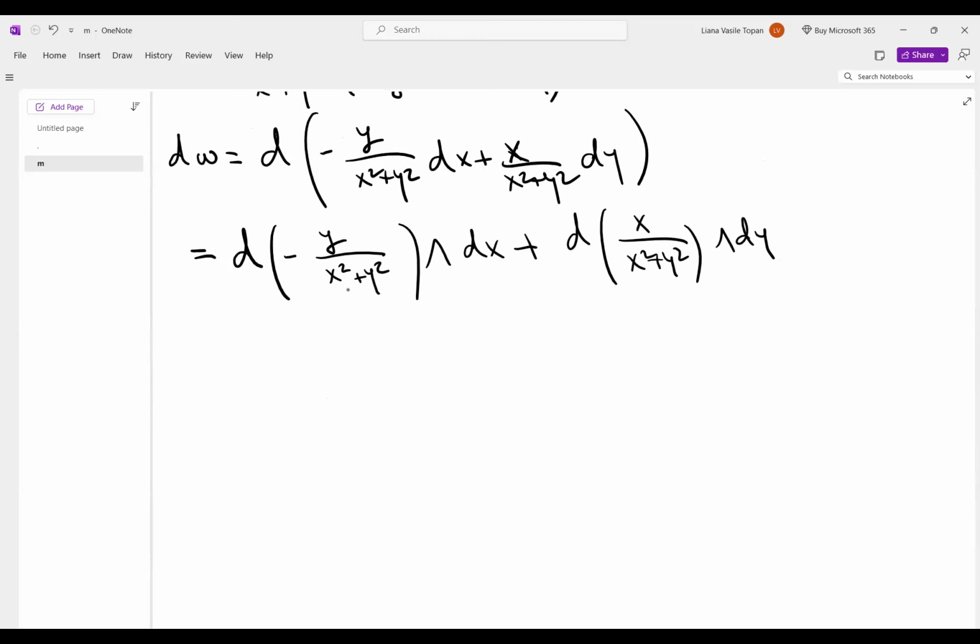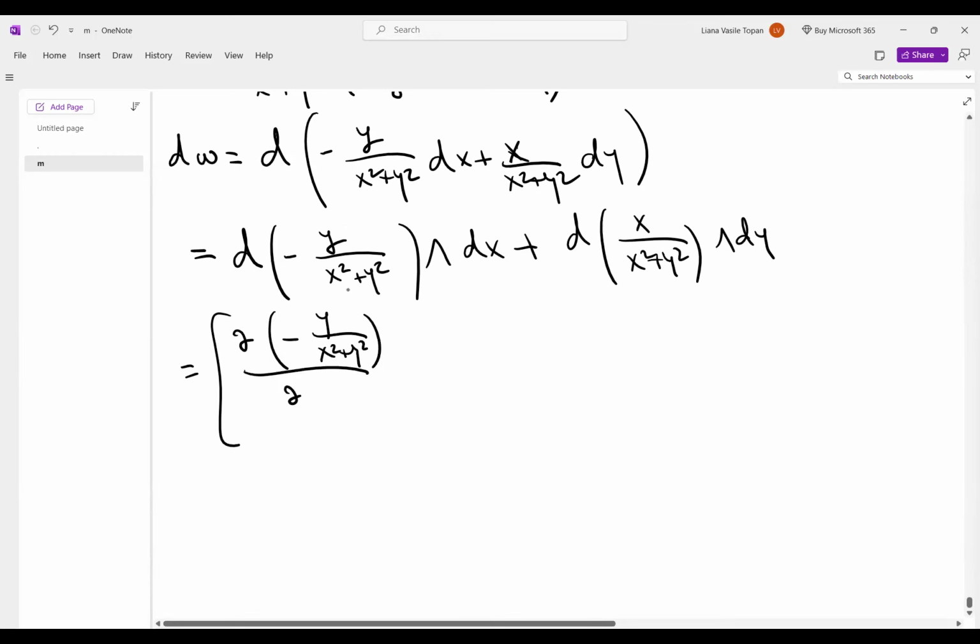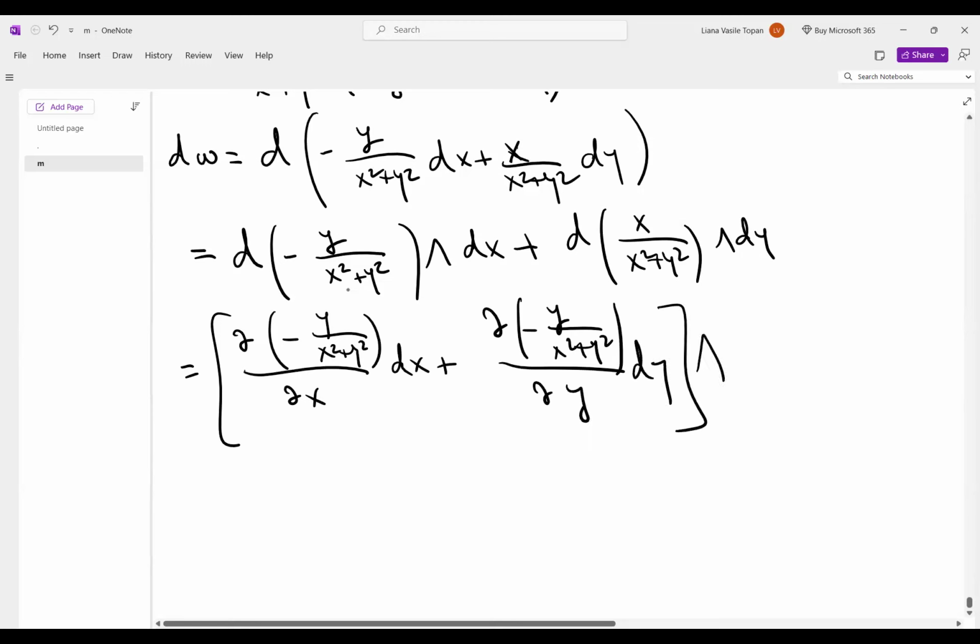Now this will be the partial derivative of negative y over x squared plus y squared with respect to x dx plus the partial derivative of negative y over x squared plus y squared with respect to y dy, everything wedge dx.